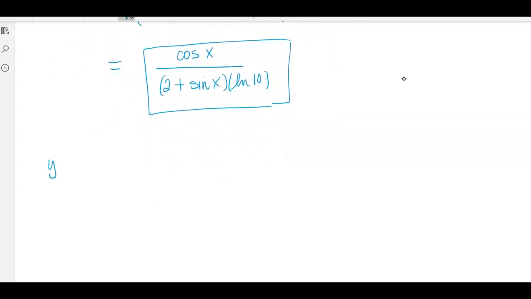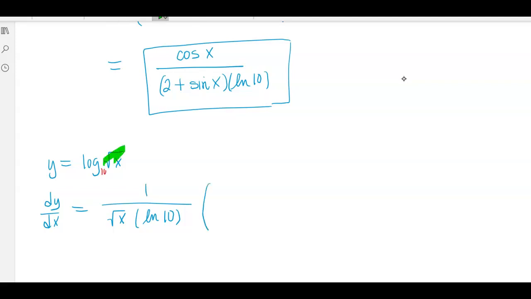Let's do another example. Let's do log of square root x. So I'm going to take the square root x and write it in the denominator. And then I'll multiply by the natural log of 10. Again, this is base 10. But then I also have to multiply by the derivative of what I'm taking the log of.